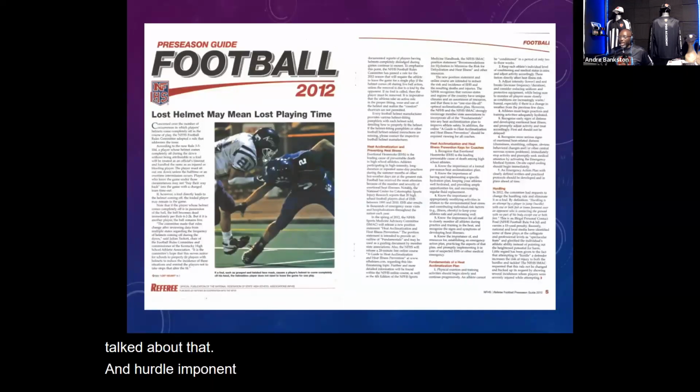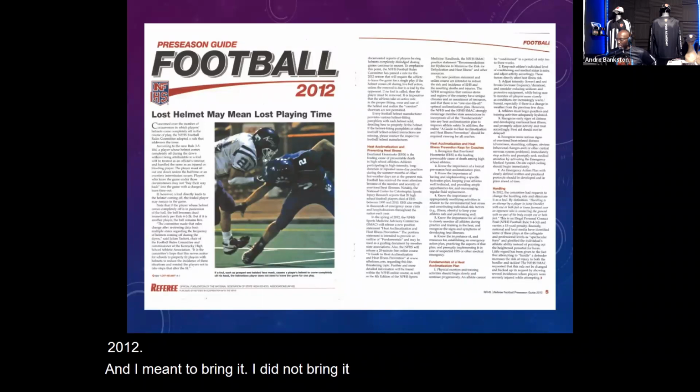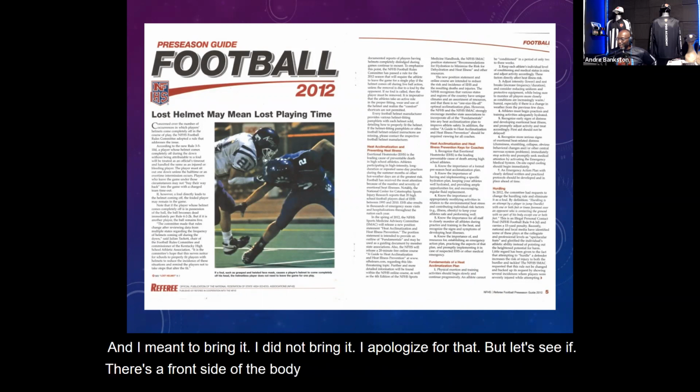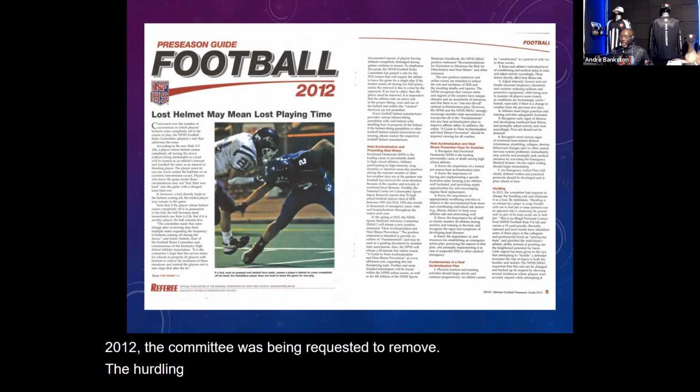Now, in the preseason guide in 2012, the committee was being requested to remove the hurdling foul from the rule book.